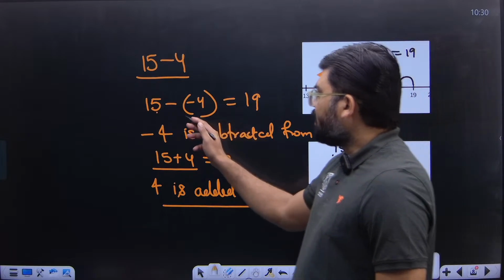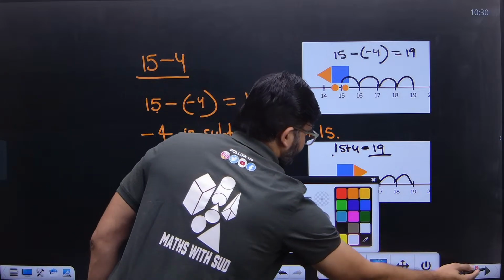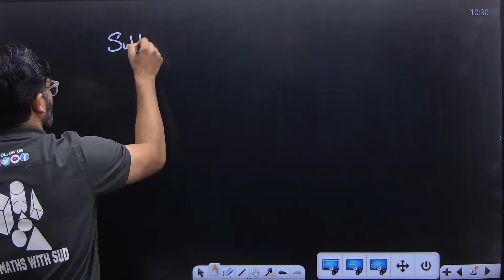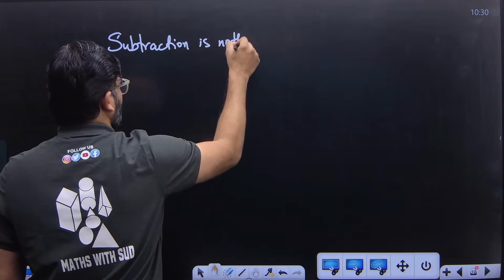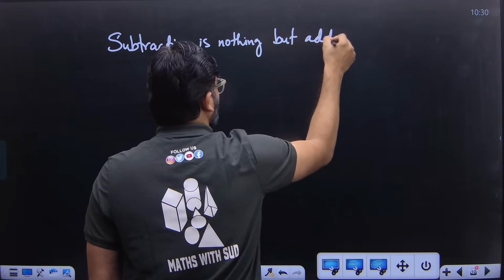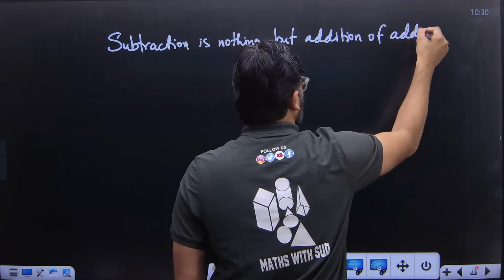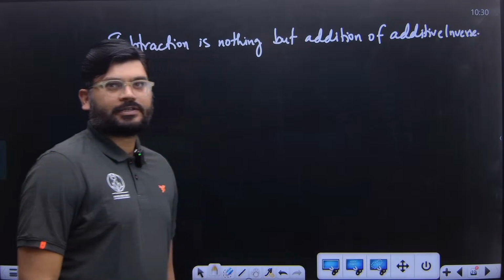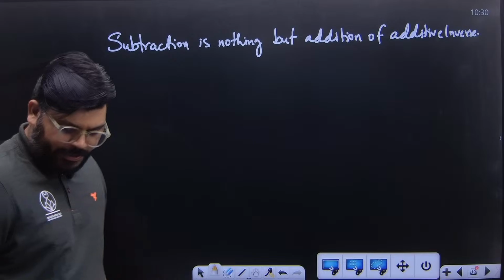Understood? So in mathematics we say that subtraction is nothing but addition of additive inverse. Subtraction is nothing but addition of additive inverse.